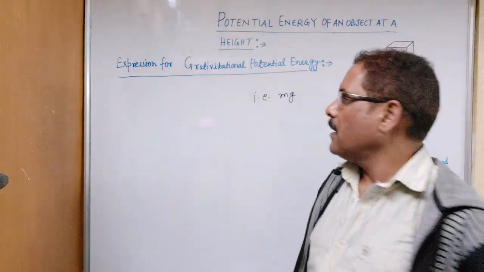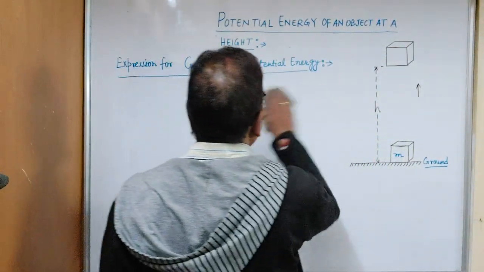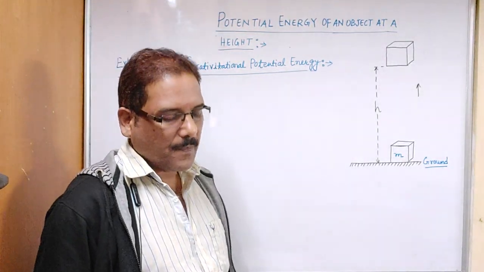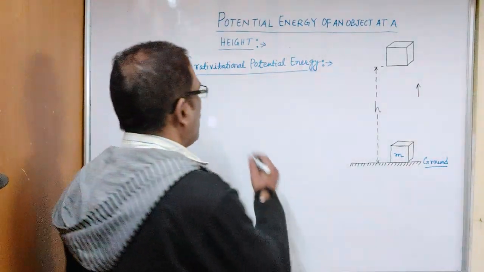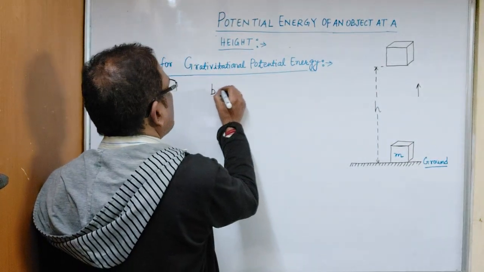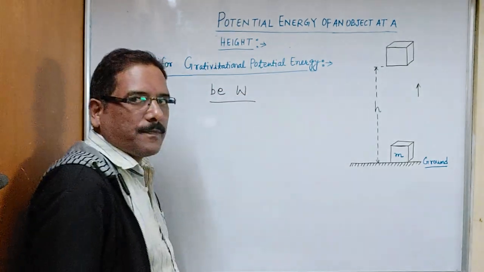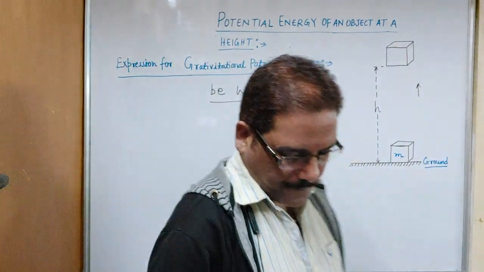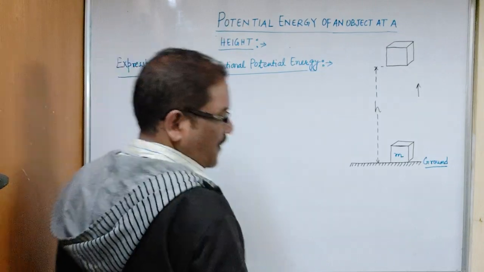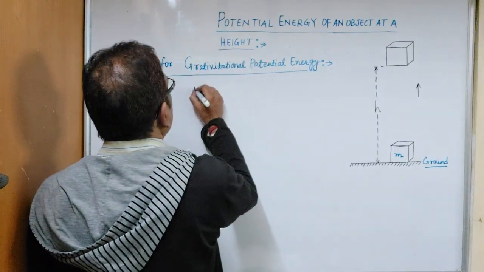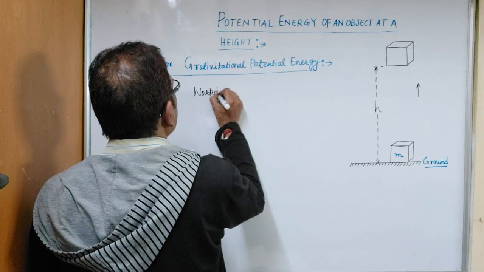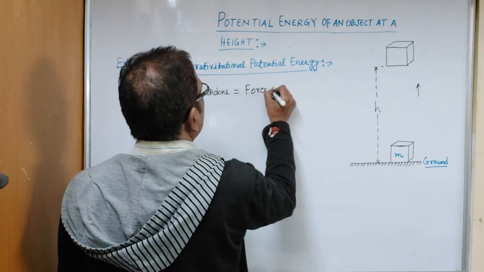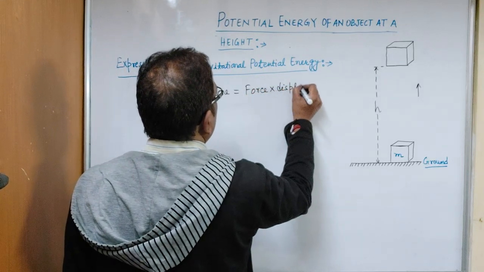Let the work done against gravity be W. Then work done is equal to force into displacement.